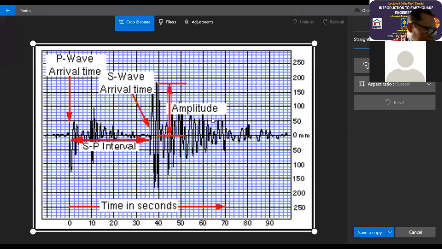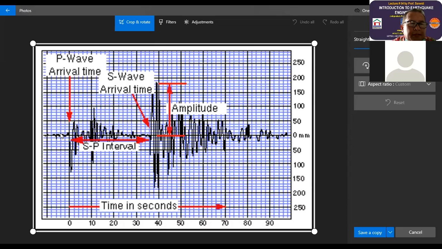It is better to have a bigger one. For example, this is the typical recording of earthquake movement. This is what we call a seismograph. This is the apparatus for recording the movement of the earth, which means it records the displacement of the earth.